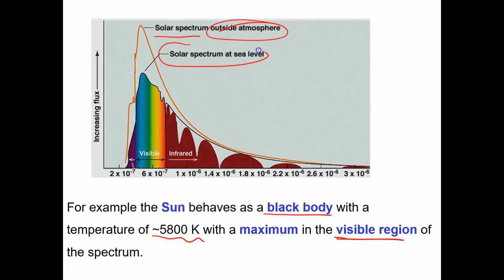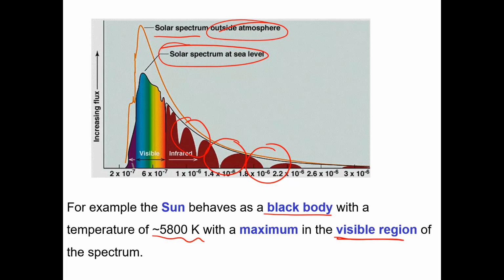They've also plotted here the solar spectrum at sea level. And what you see is that a lot of the wavelengths have been absorbed. In fact, all of them have been absorbed to some degree. But in particular, a lot of infrared radiation is absorbed. A lot of heat is absorbed.